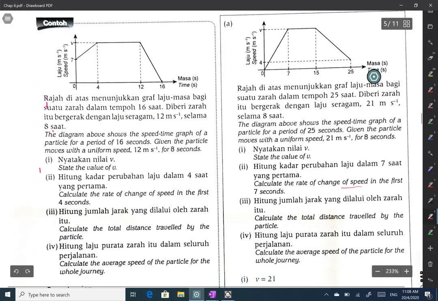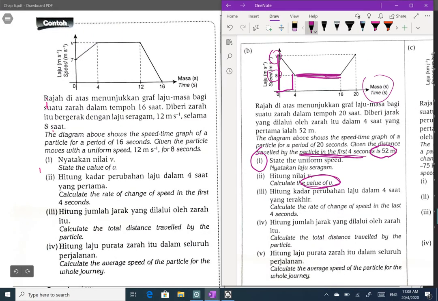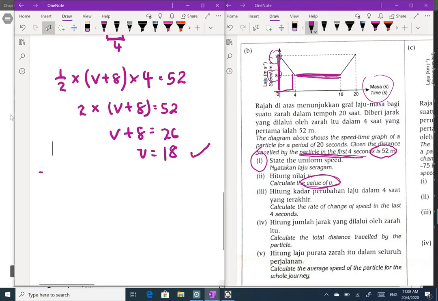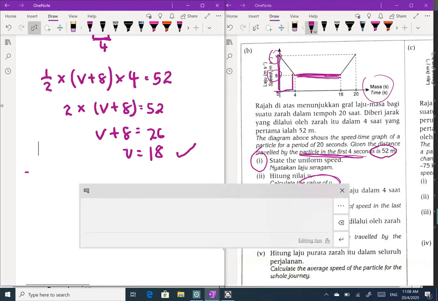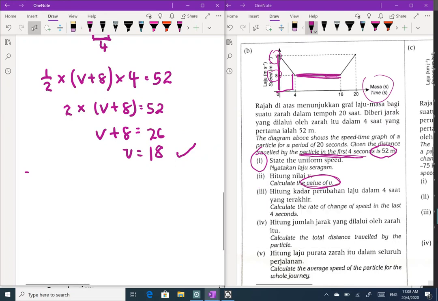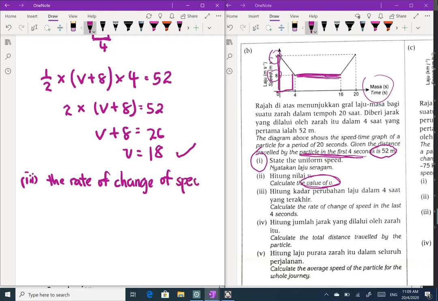Number 3. Calculate the rate of change of speed in the last 4 seconds. The rate of change is equal to our gradient.